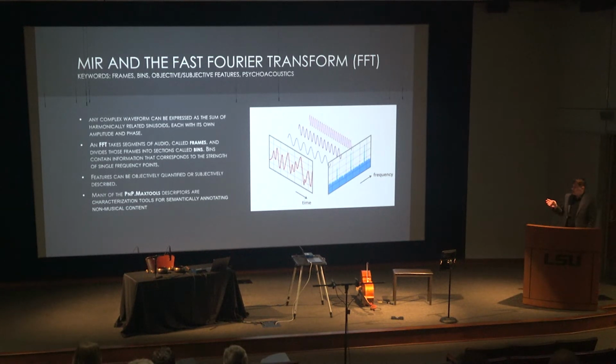Many of the PnP.Maxtools descriptors fall in the middle between objectivity and subjectivity. This means the way we go about analyzing the features of the sounds named by the objects are objective measurements, but the terms that those objects describe, or are supposed to evoke, are subjective descriptors.